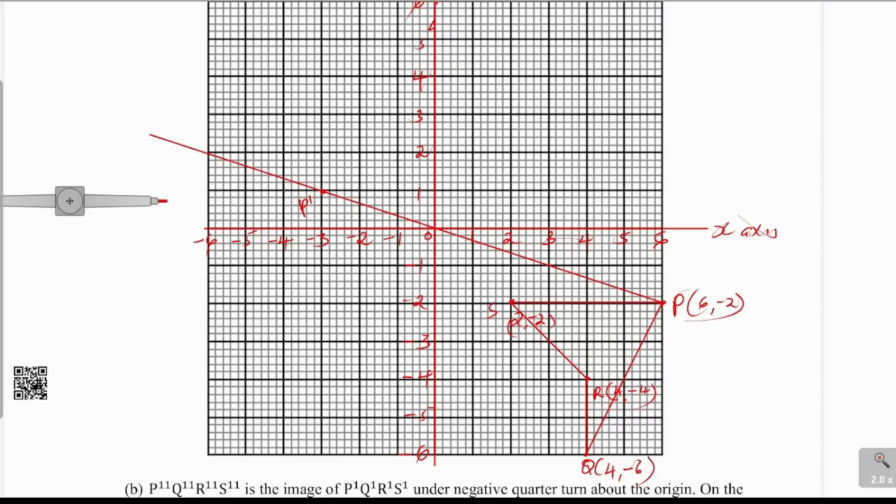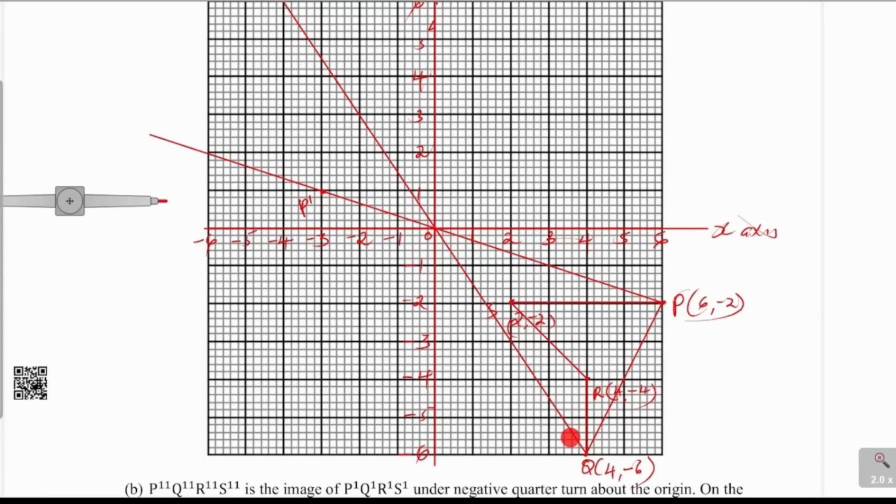Then we do the same for Q. You join Q to the center of enlargement like that. Then in the same way, you count the number of squares between Q and the origin, the center of enlargement.